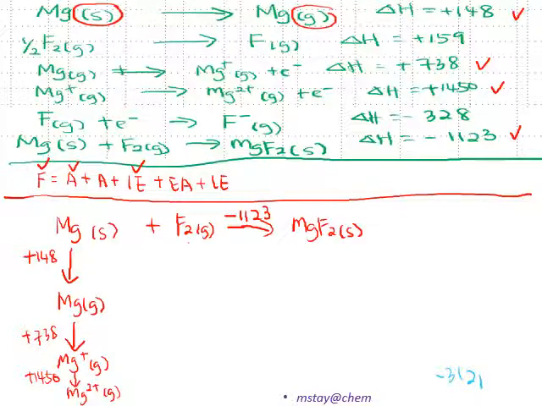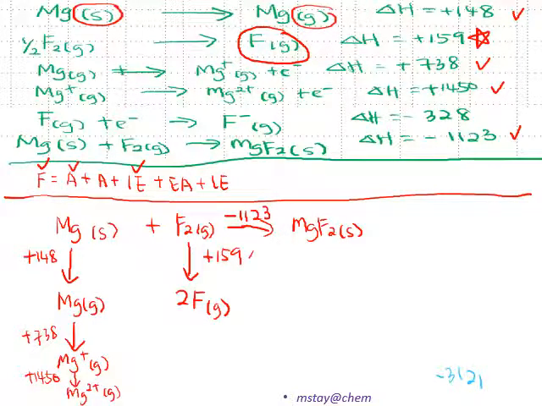So for the non-metal fluorine here, 1 mole of fluorine will produce 2 moles of gaseous fluorine atoms. But based on this equation, it only produces 1 mole of gaseous atoms. Here we need to produce 2 moles of gaseous atoms. Therefore, the enthalpy of atomization needs to be multiplied by 2. Okay, then we have settled the atomization of the nonmetal.